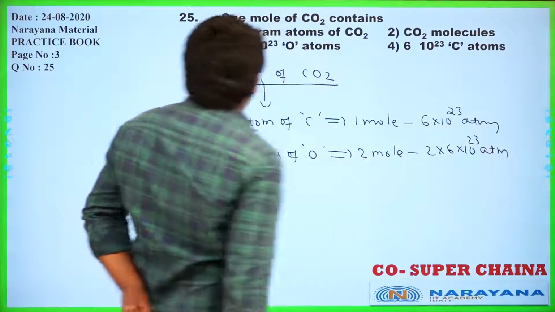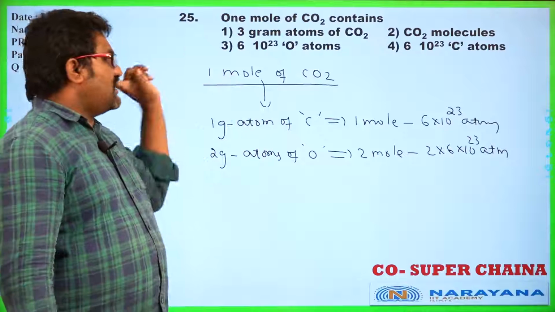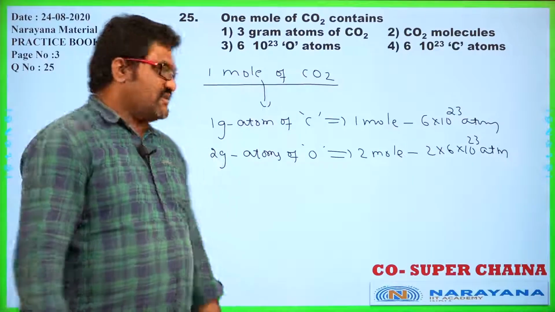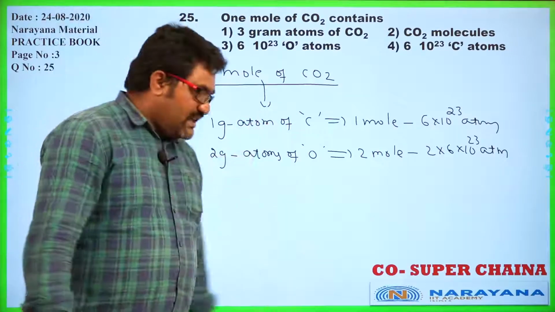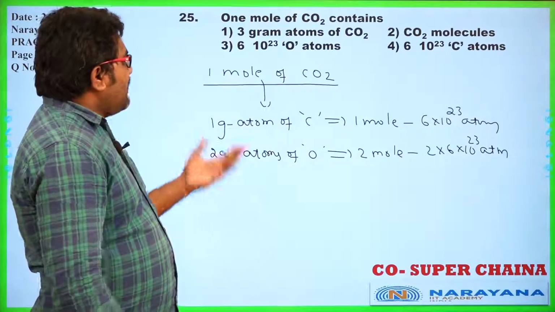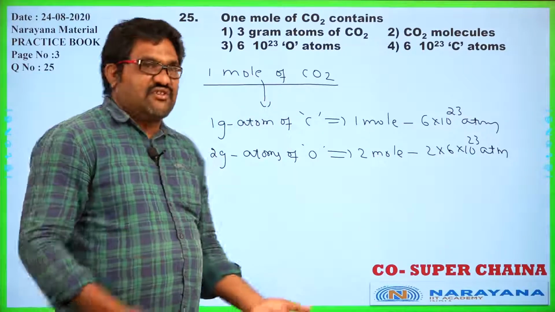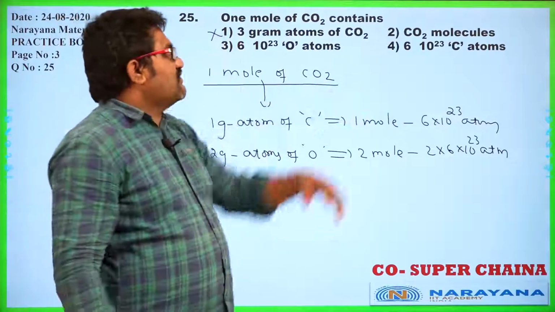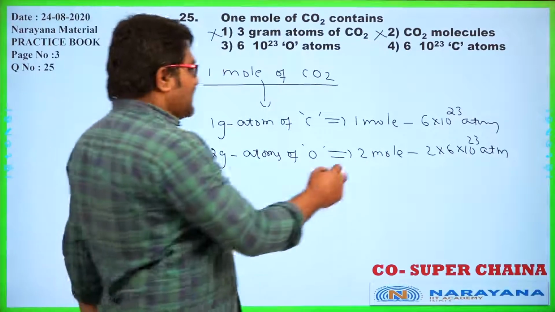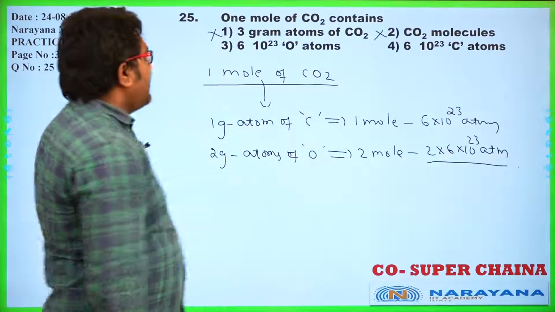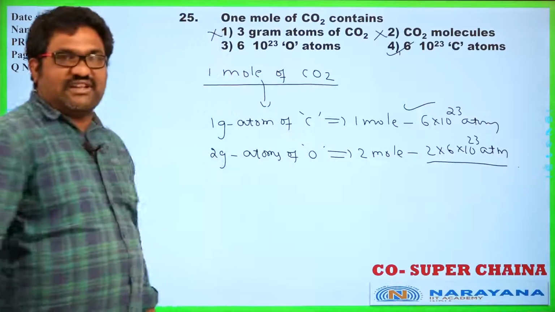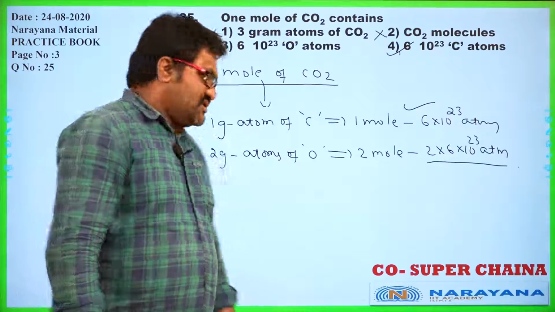So among the given options, 3 gram atoms of CO2 is wrong, because CO2 is a molecule. A CO2 molecule option is also wrong. 6 into 10 power 23 oxygen atoms is wrong, but 6 into 10 power 23 carbon atoms is right. Yes, the fourth option is the right one among the given. Okay, let us go for the next question.